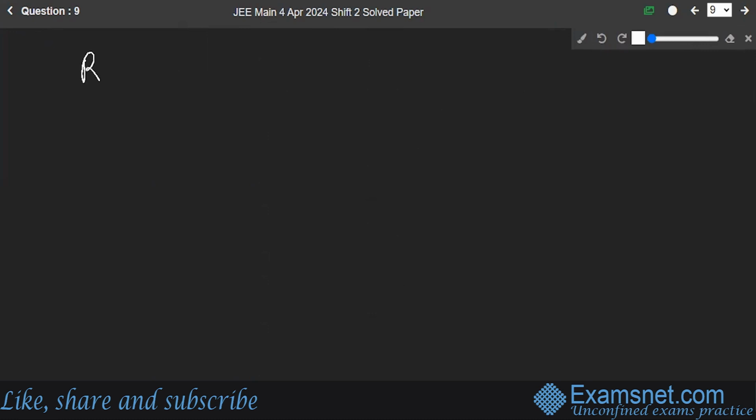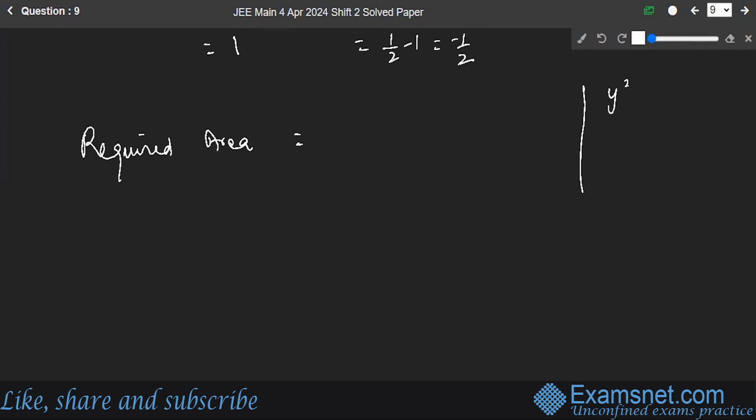So the required area is given by the area bounded by these two curves. Let's write them down. You had y squared is equal to 2x, or y squared by 2 is equal to x. I'm changing the inequalities into equalities. This will be (y plus 1) upon 4 is equal to x.